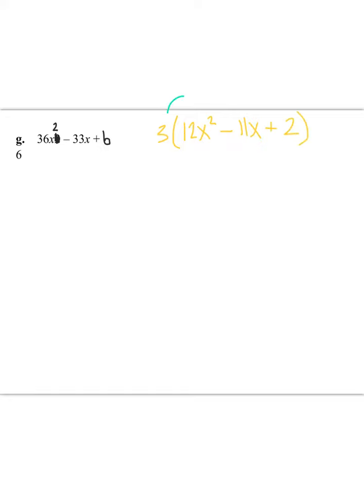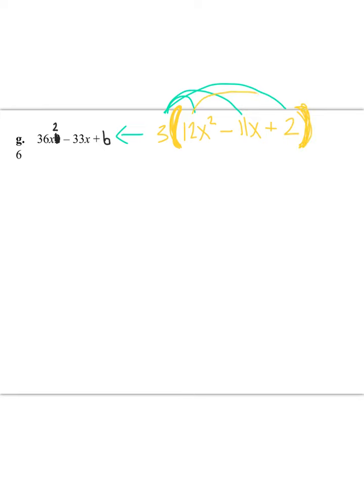You can always check yourself and FOIL that 3 back in, and you should come up with the same trinomial you started with. And now we're just factoring like we normally would, and we're just looking inside of our parentheses, so kind of ignoring the 3 out there and factoring like normal.